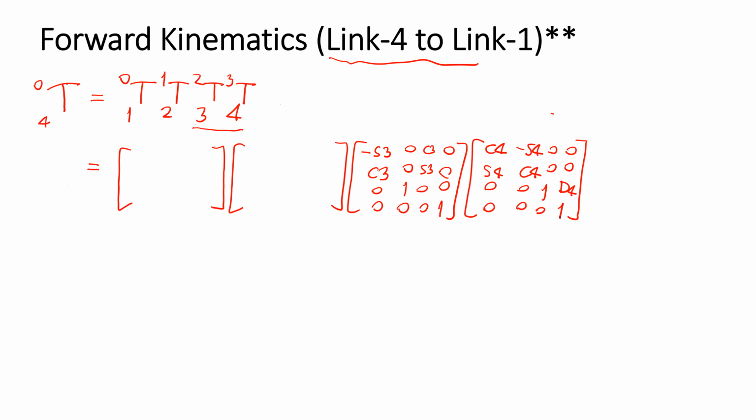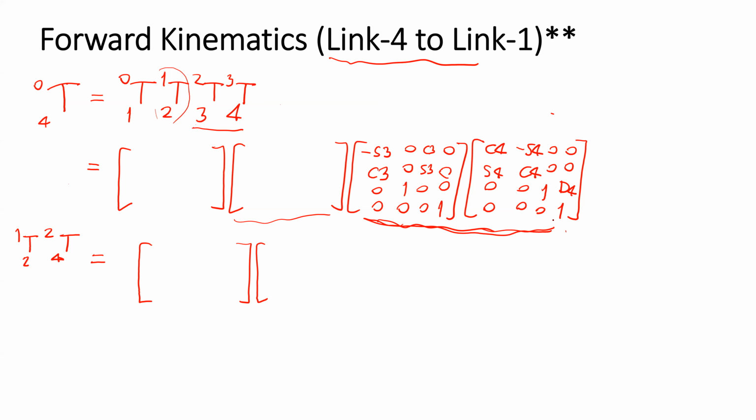Okay, my suggestion is, hey, let's obtain T4 per 2 and T2 per 1. T2 per 1 is this one. And in this pair, we have 4 per 2.